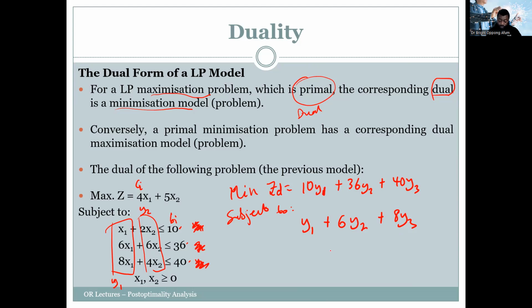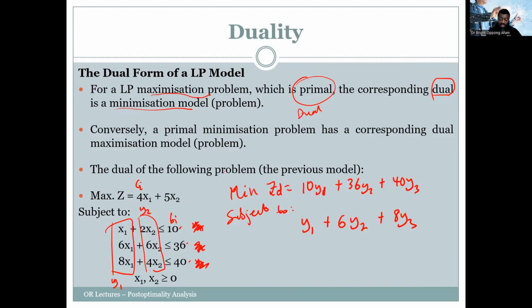Then, because it's minimization, remember, you put the original problem into the standard form of a linear programming, or the standard way of representing a maximization problem.